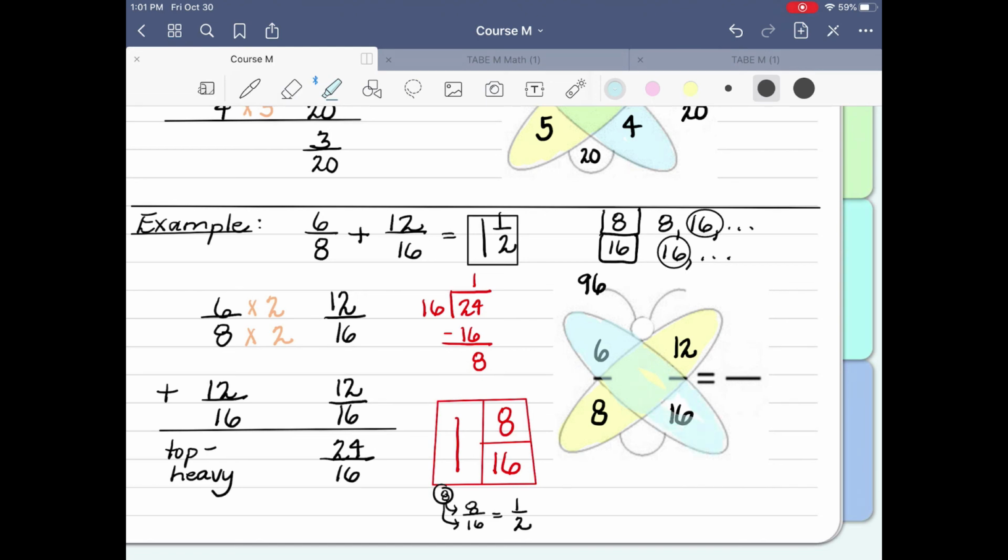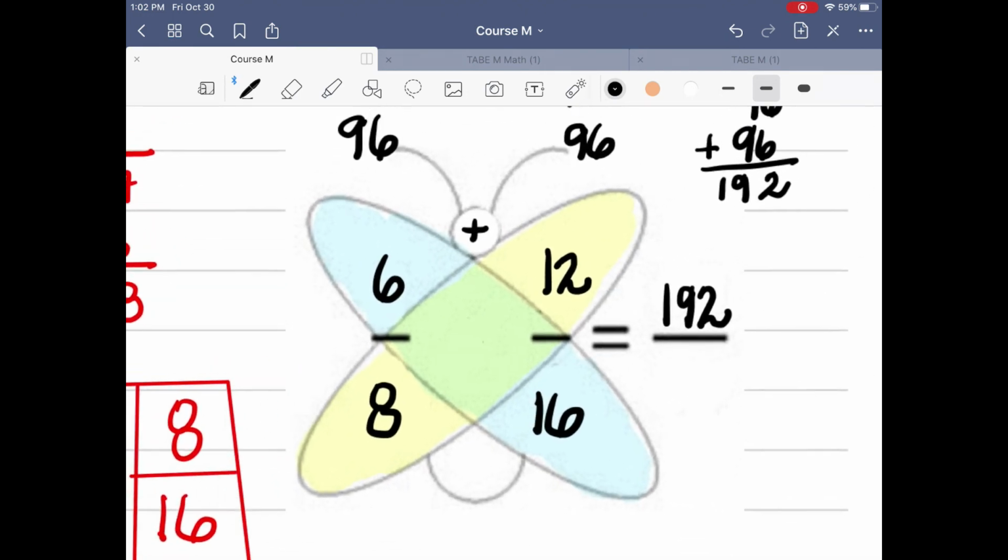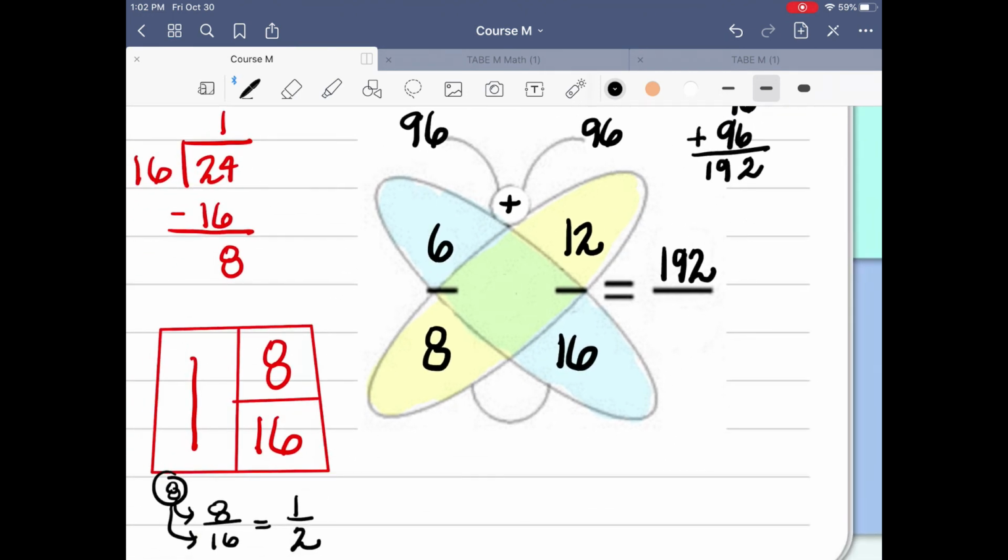We got the same 12/16 on those. So 96 and 96 get added together right there. And that is going to give me 192. And then you have to multiply his bum, so 16 times 8 is 128.